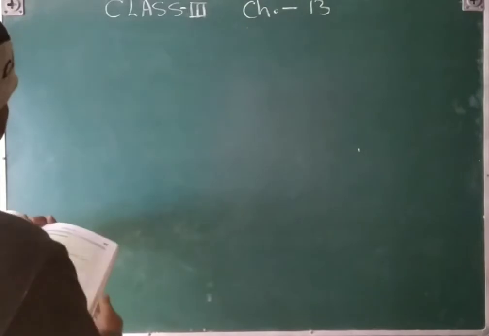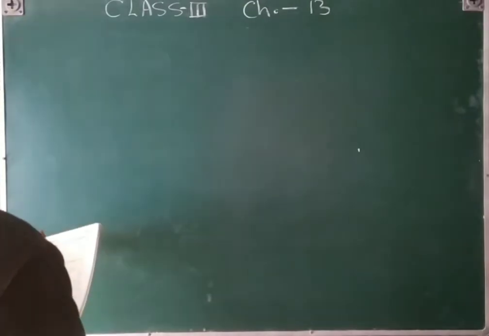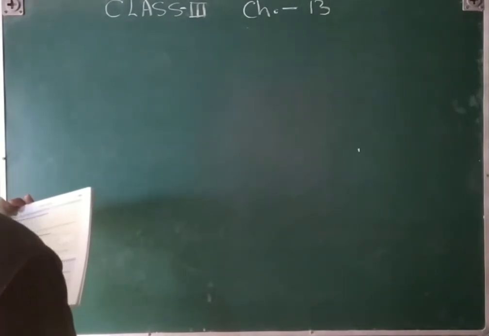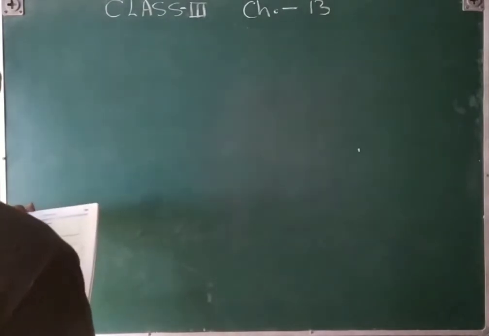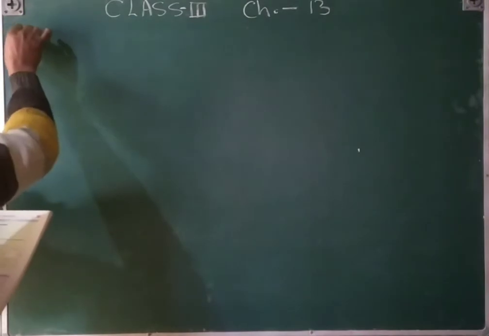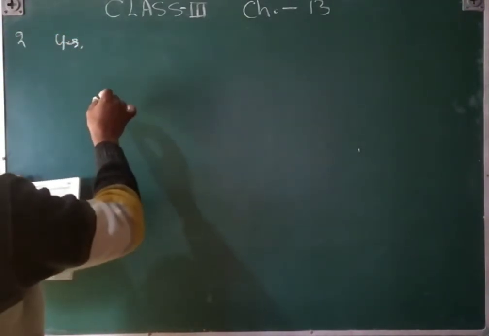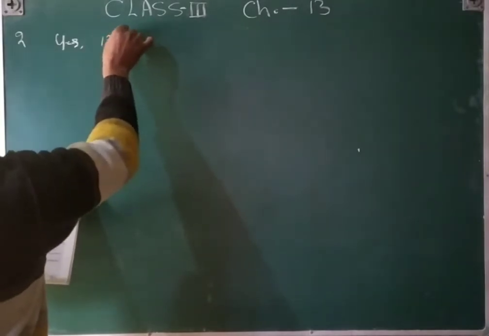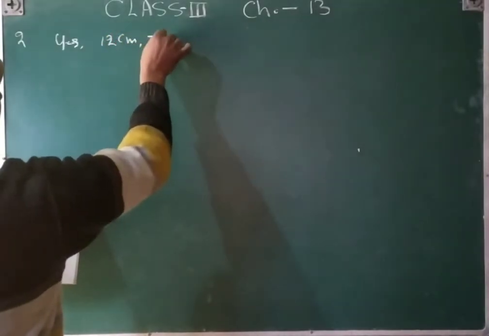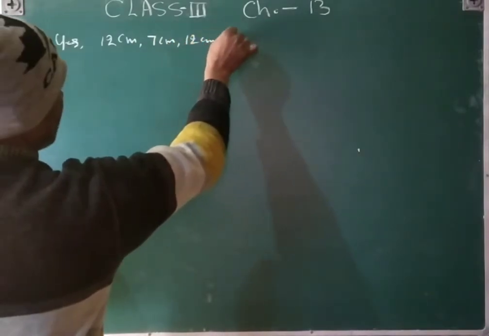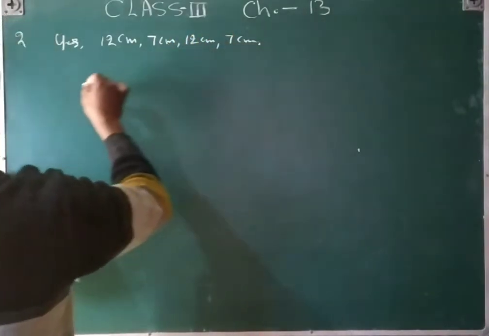Do you find the length of the opposite edges are equal? Yes. The sides will be 12 centimeter, 7 centimeter, and then again the opposite sides are 12 centimeter and 7 centimeter.